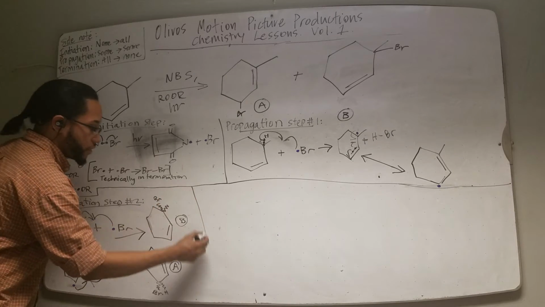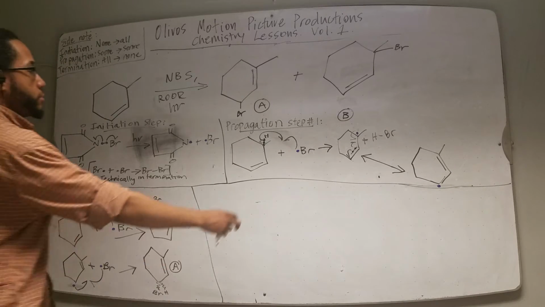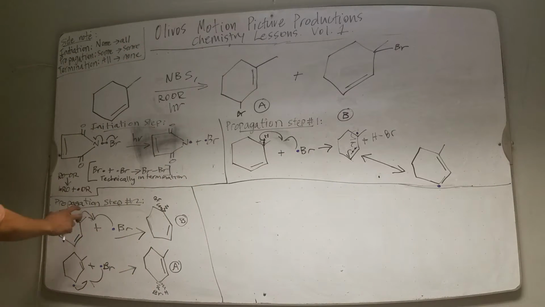Alright, so we're getting really through, but I just want to make sure that you understand what's going on. Make sure you're following your signal of propagation. You have some radicals before the arrow and some radicals after the arrow.